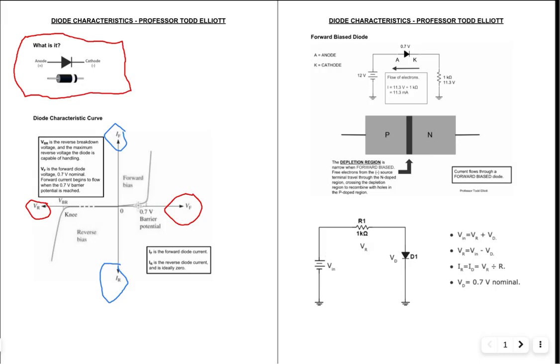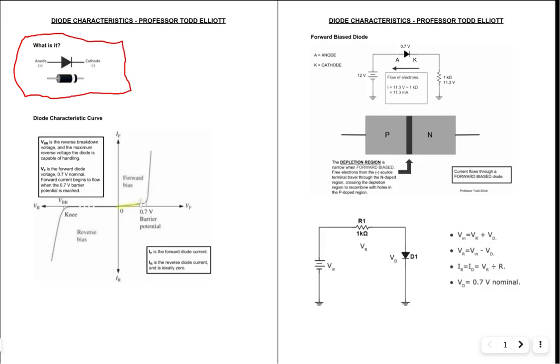Now, in order to turn the diode on, we need to make the anode more positive than the cathode.